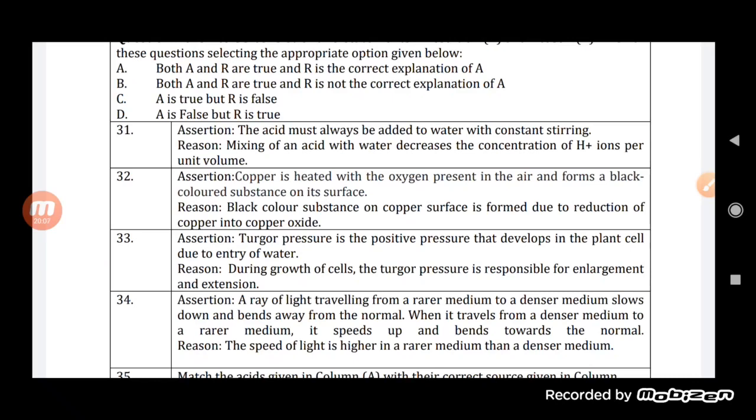And the reason is that during growth of the cell, the turgor pressure is responsible for enlargement and extension. So basically the growth of the cell, turgor pressure is somehow responsible for it. So we will say that it is option B, where both of them are correct, but B is not the correct explanation of the first one. Okay.